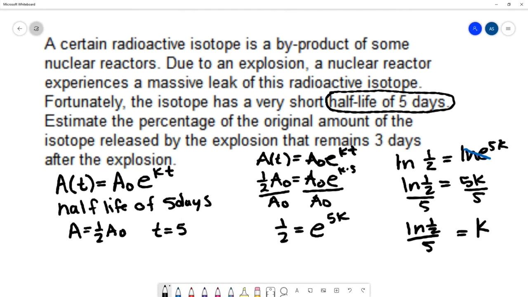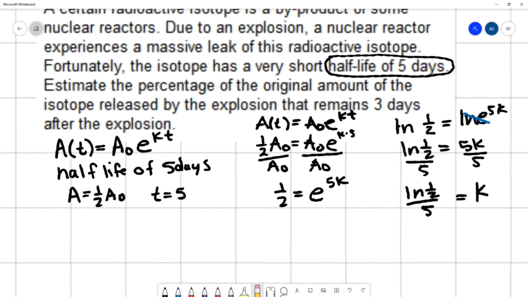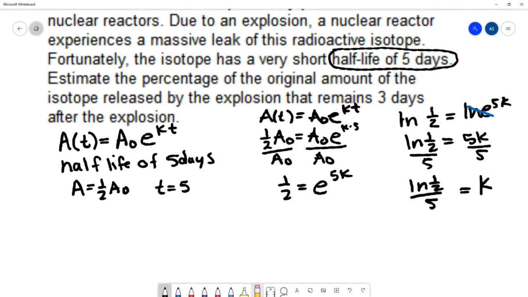Now once I have the decay rate, I'm going to be able to answer the rest of the question. It says, estimate the percentage of the original amount that remains 3 days after the explosion. So here, we're given a time period of 3 days.